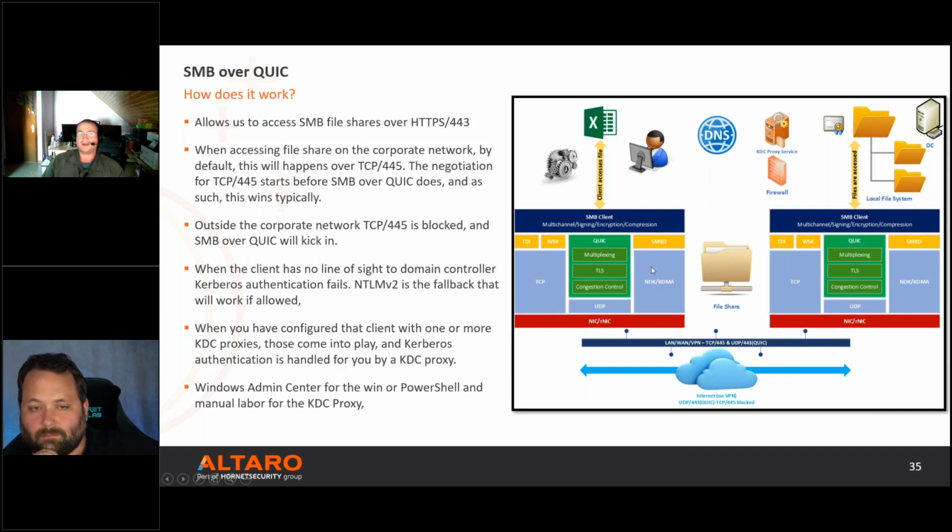Now, by default, it will work out of the box with NTLM v2, but it's NTLM and it's 2021. If you are going to deploy a new service for your company, you might not want to introduce new dependencies on NTLM. So they've got you covered there with the KDC proxy service that you can leverage to have Kerberos over the internet, which is quite cool.